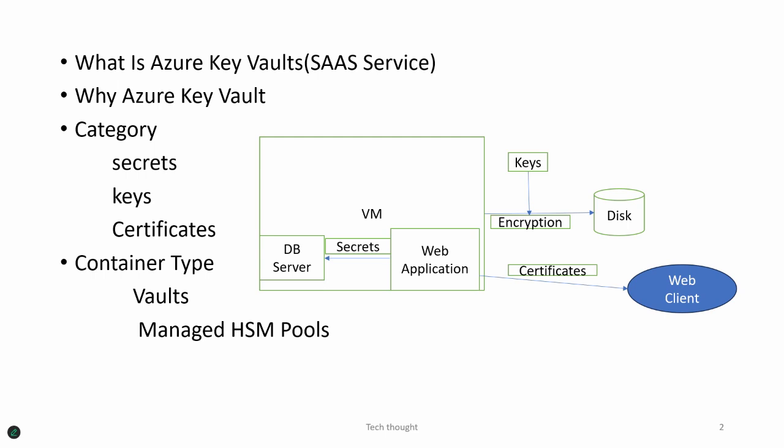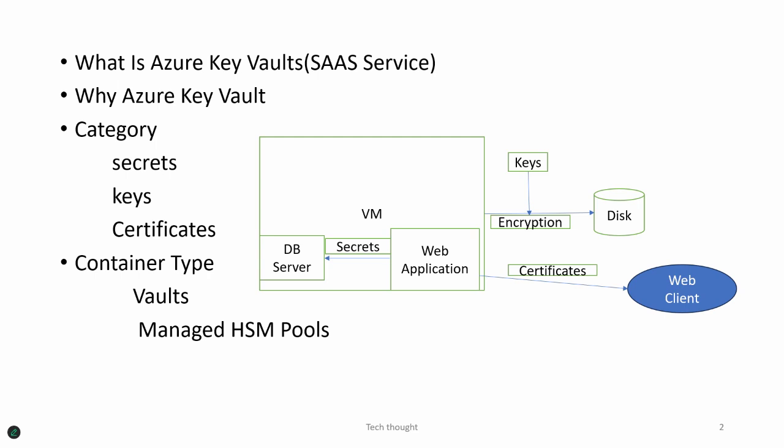The second thing is keys. For example, if you are creating a resource like a VM and a disk, you want to encrypt the data before storing it on the disk, and we need to decrypt it back. For that we need encryption keys. Those keys we can store in the Azure Key Vault.